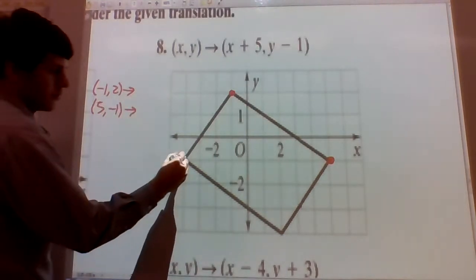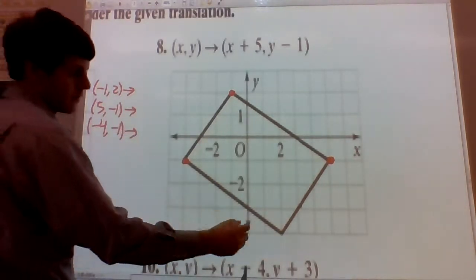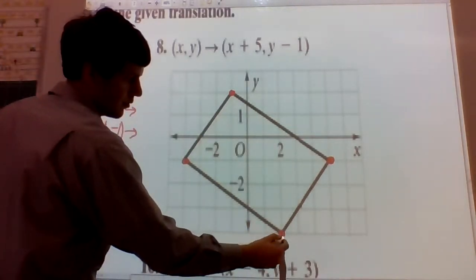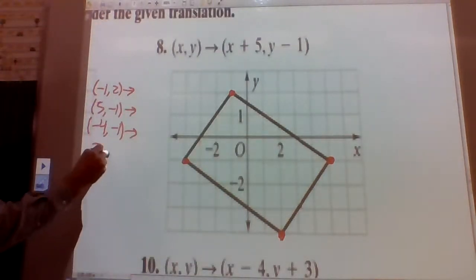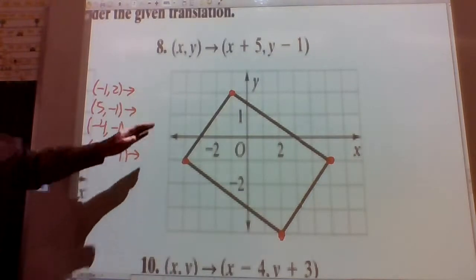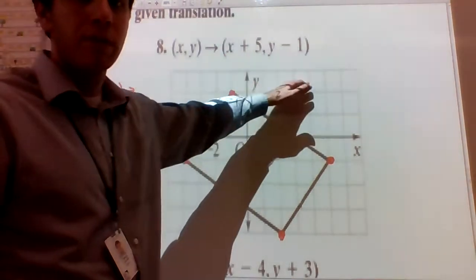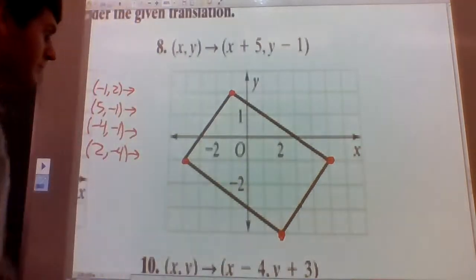This one is going to be -4, -1. And this one down here is 2, -4. Okay, so we want to shift all of those points horizontally to the right 5 units, and down 1 unit.